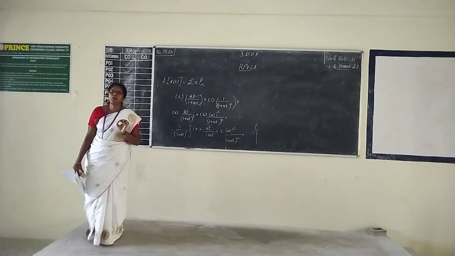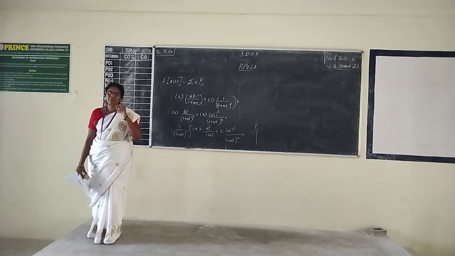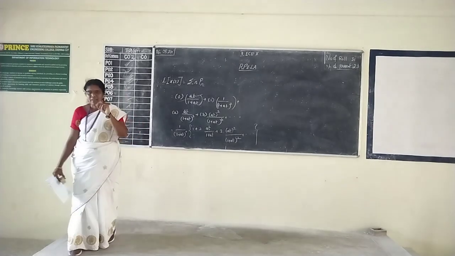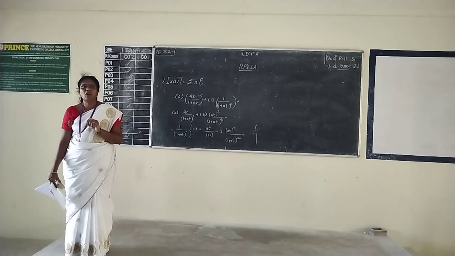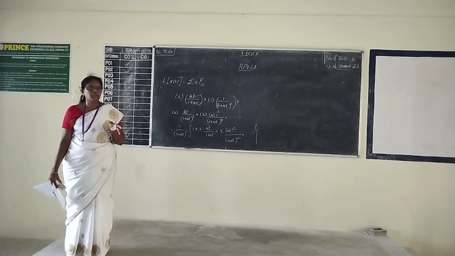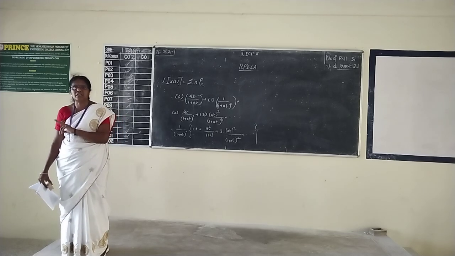I actually gave another formula last week. This 1 minus x the whole power minus 2 is the binomial expansion, the general formula 1 plus 2x plus 3x square plus 4x cube etc.